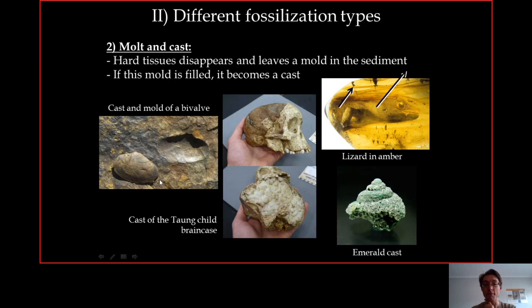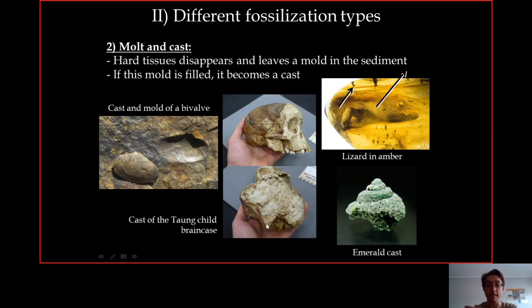And you have very famous fossils that are molds or casts. So here, for example, you have the Taung Child, and what you can see here is the cast of the brain case. So this is not the brain that you see, it's the sediment that filled the brain case. The brain case somehow disappeared, but the infilling of the brain case is preserved and gives you a cast of the brain case.